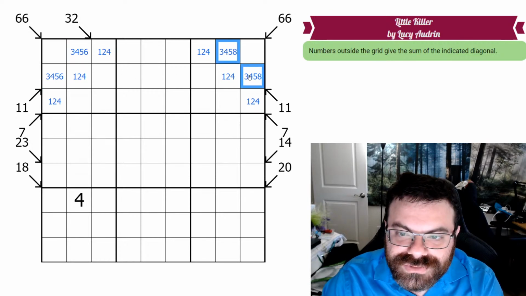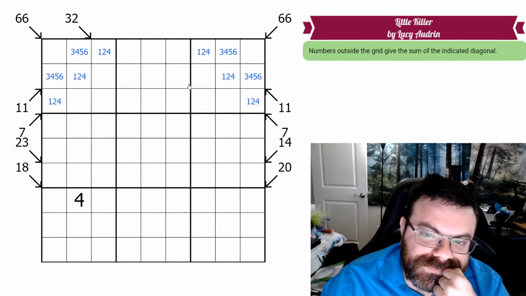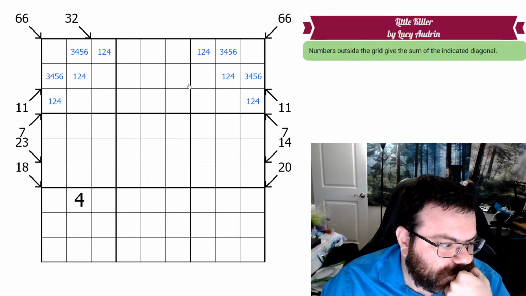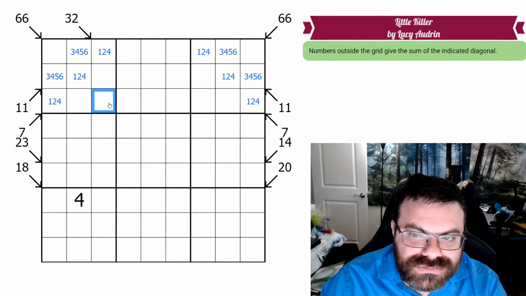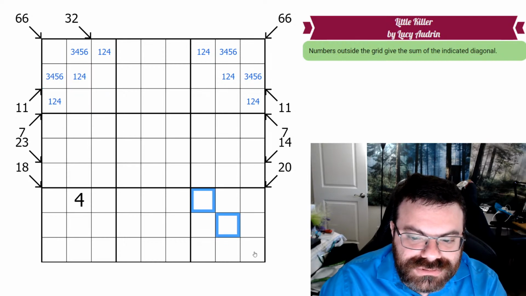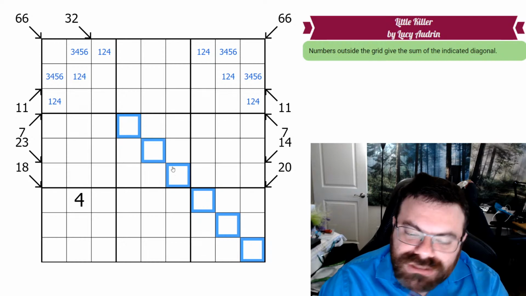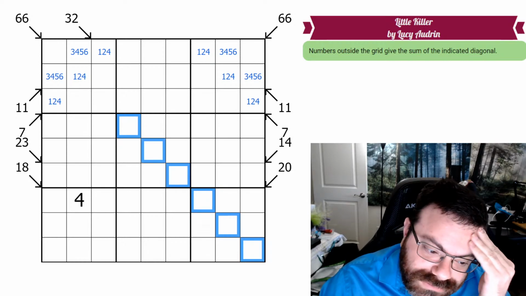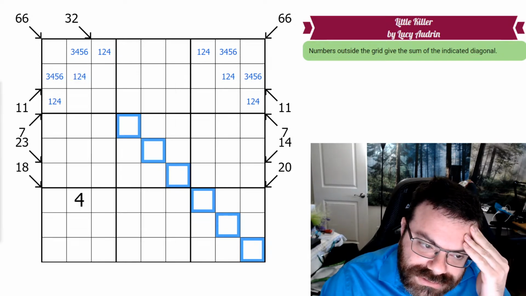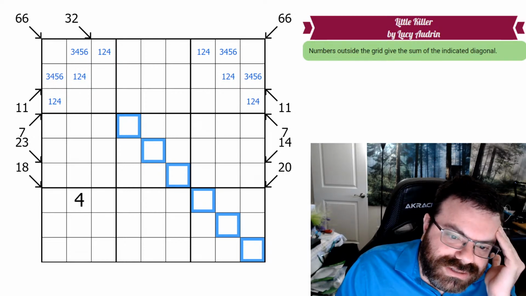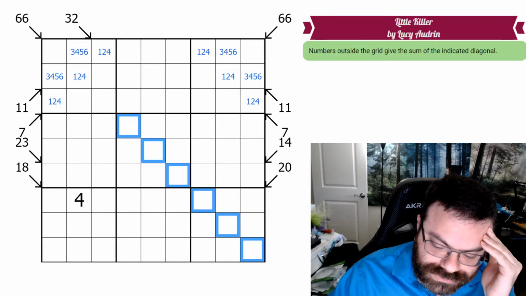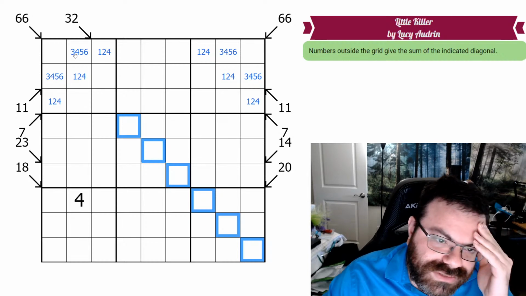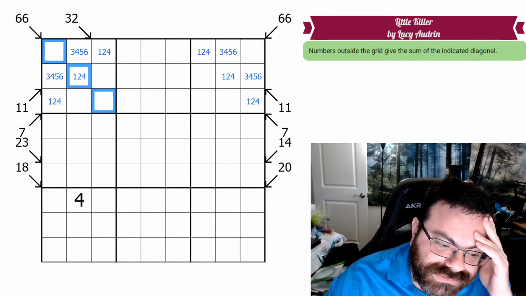I took 8 on both of these. 24 times 2 is 48. So this adds to at least 18.